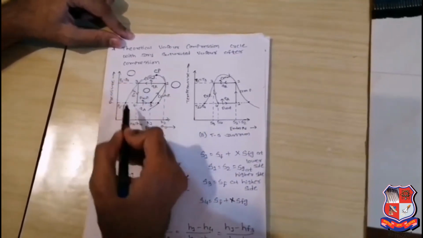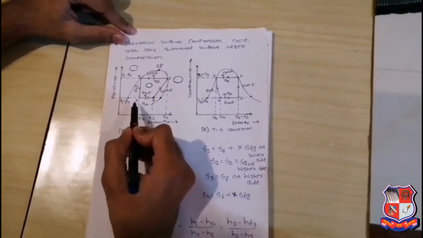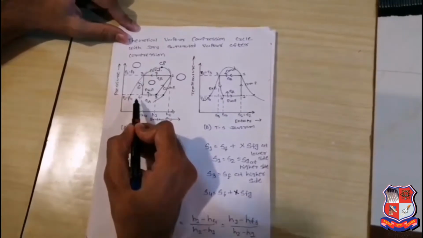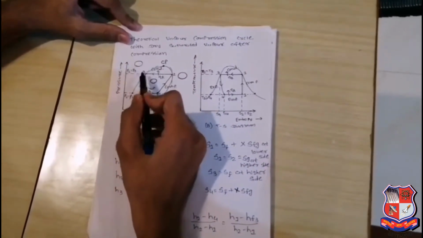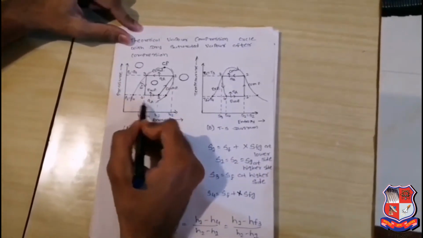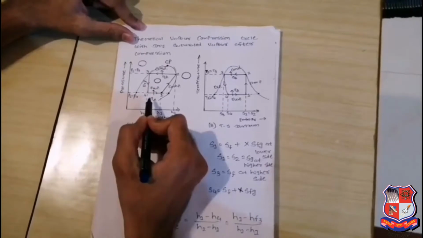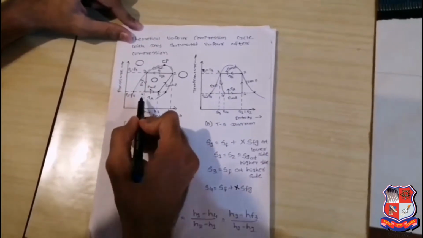Now 3 to 4 is your isenthalpic process. We can say that 3 to 4 is your irreversible adiabatic process, or we can say that throttling process. During this process pressure is reduced and enthalpy remains constant. Then 4 to 1 is your evaporator process, or we can say that heat absorption process, and during this process pressure remains constant, phase change is possible.